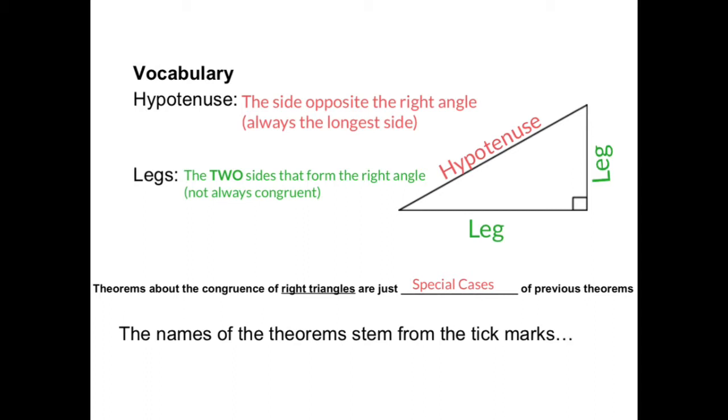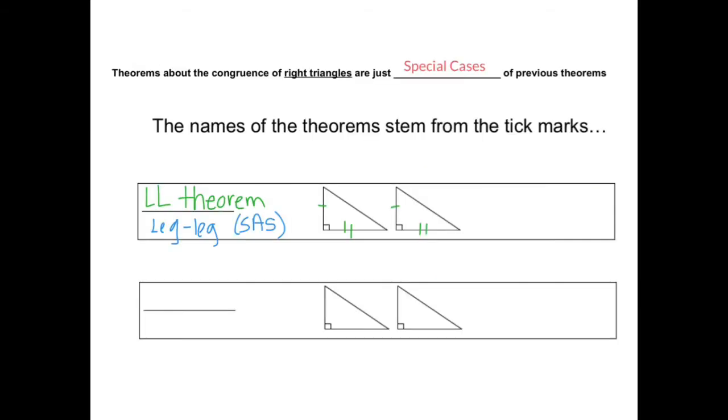We have to check to see what information is already given to us about their congruency. There are four tests that we can use with right triangles. The first one that we're going to look at is the LL Theorem, and this stands for leg-leg. This is similar to side-angle-side, but specifically with right triangles, we don't have to mark the right angle as congruent because they are right angles.